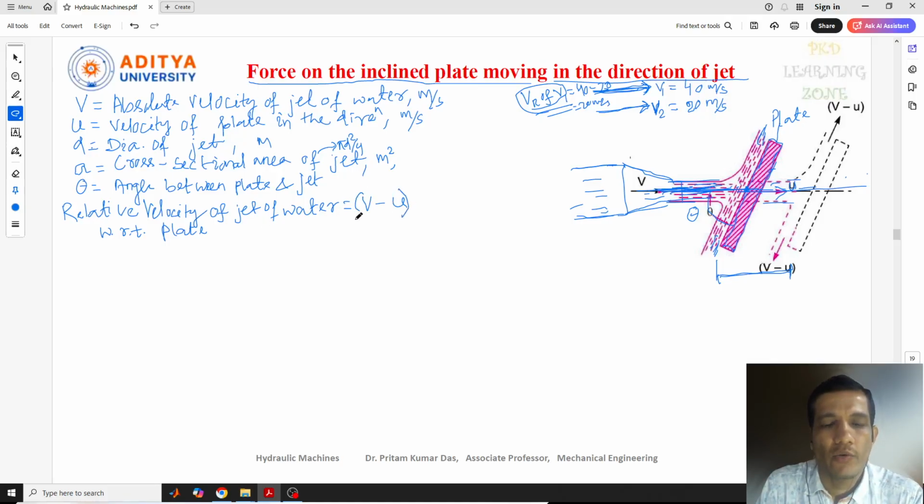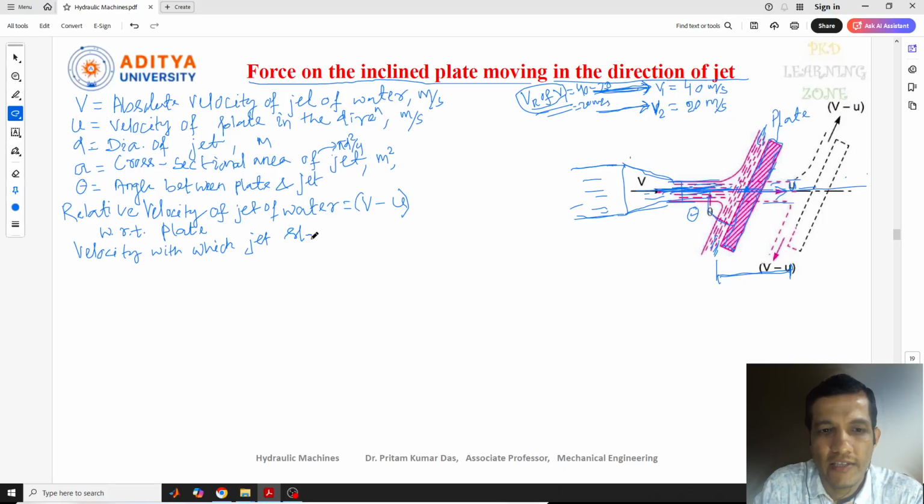The same thing we have also discussed in our last lecture. Now we need to find the velocity with which the jet strikes this plate.